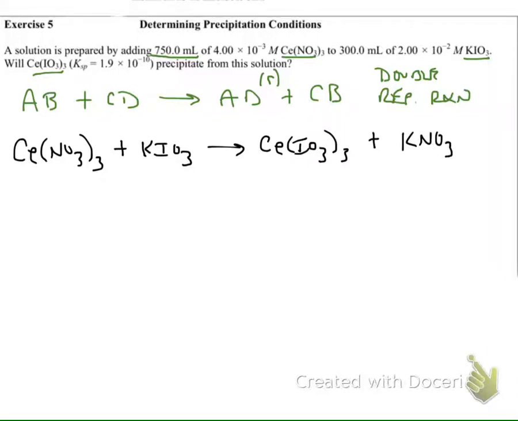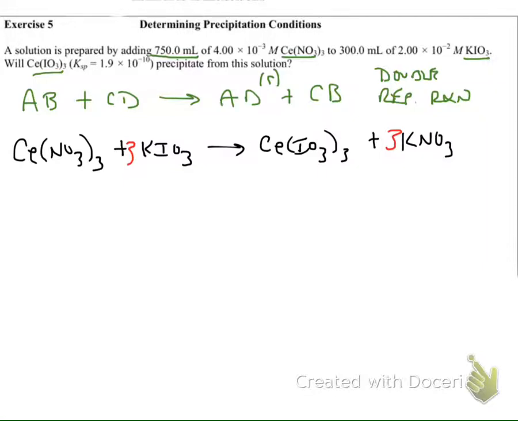I need to balance my equation knowing that I had 3 NO3s. Now I make 3 Ks, and my 3 IO3s match up over here. So now I have a balanced equation, and I can look at what I'm doing.